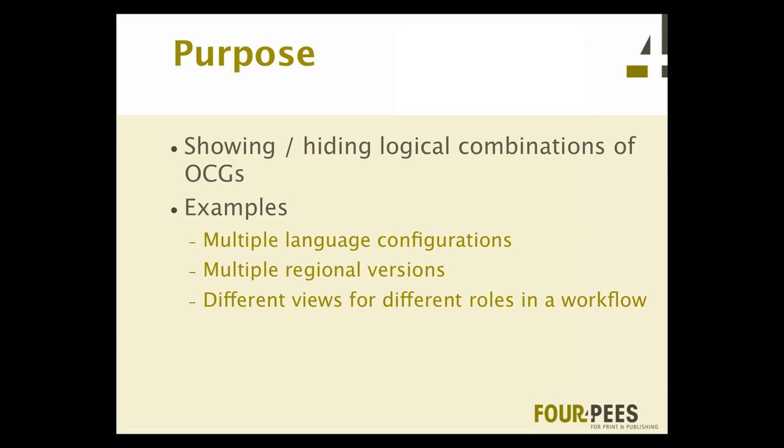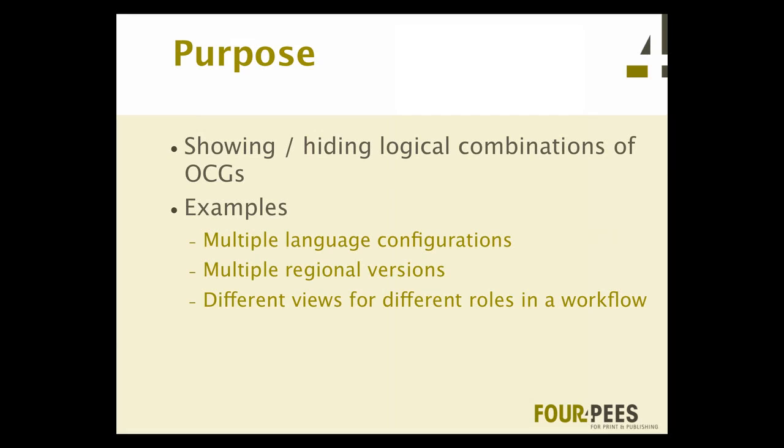Multiple language configurations, and we're in a very good country for that. I come from another one. Same file, I have two or three or four different languages in there. Much of the content is going to be the same, but the text will be in the file in different languages.